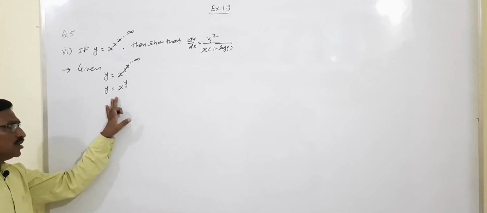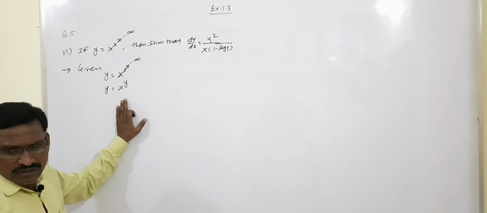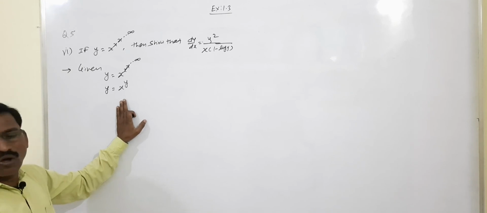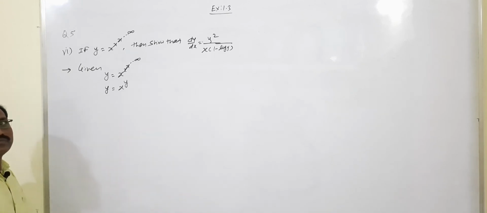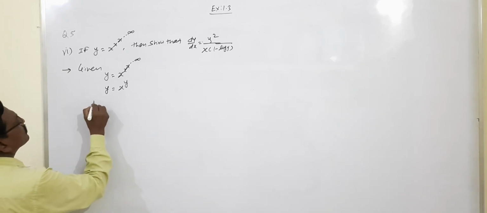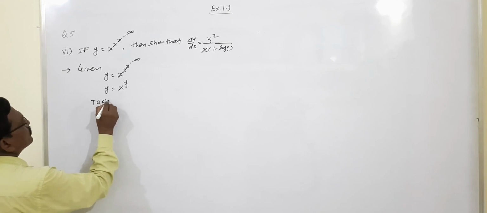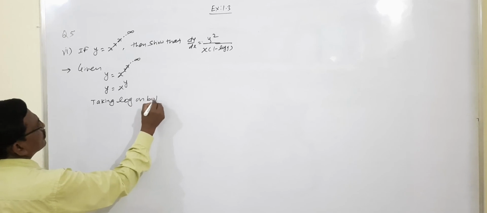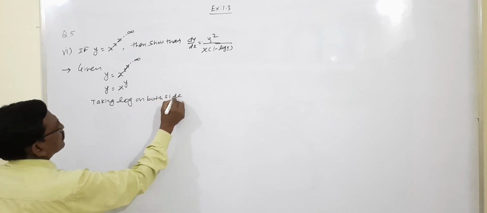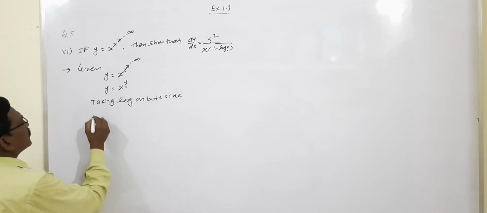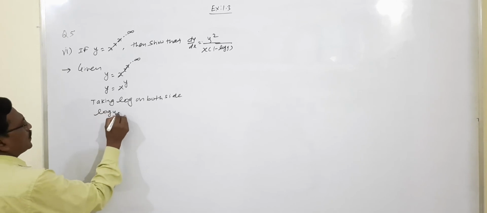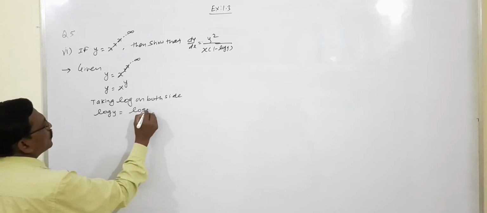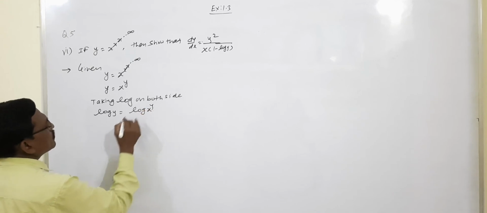Again here, due to this x to the power y, we take log on both sides. So it is log y is equal to log x to the power y.